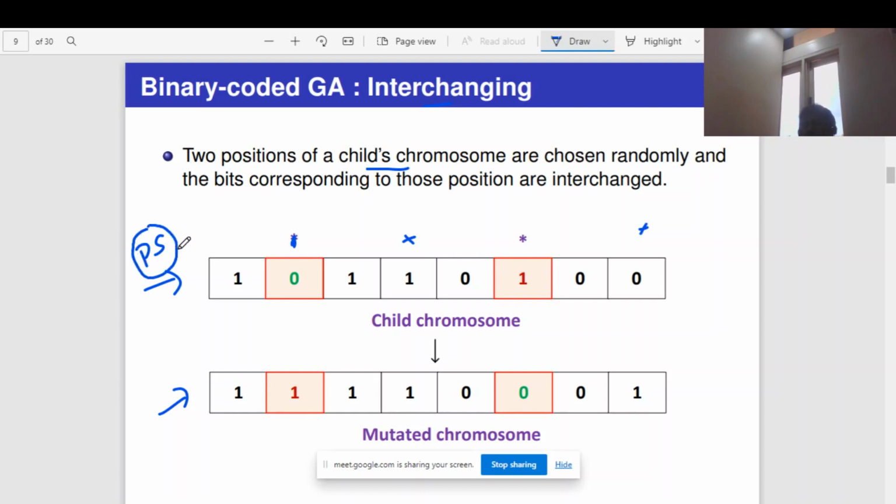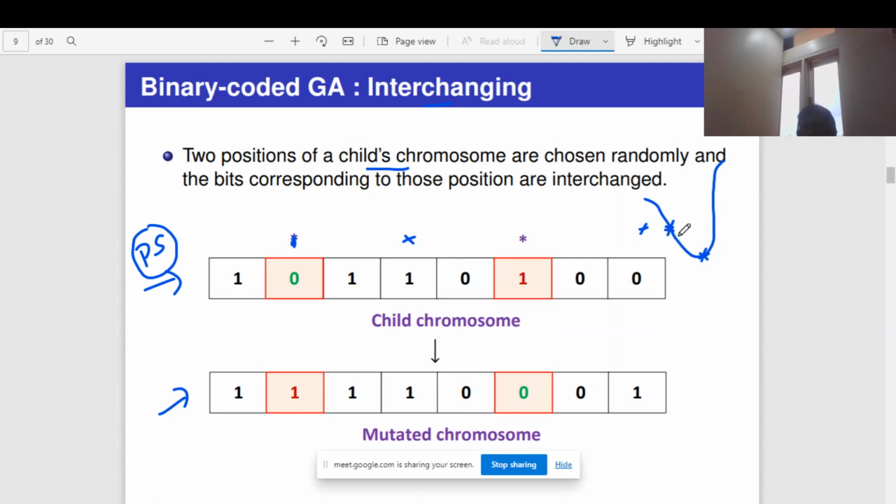So you think that the solution can be improved, but at the same time you don't want to improve too much. For example, this is the membership function. If your solution is somewhere here, you want to gradually bring the solution to here. If the objective is to find the global minima, if it is to minimize, you don't want to bring it from here to here. So what will you do?